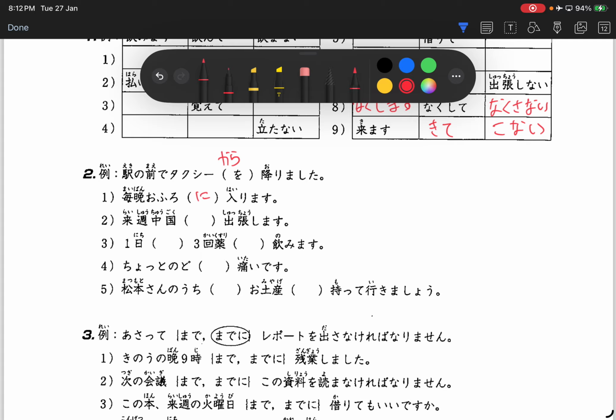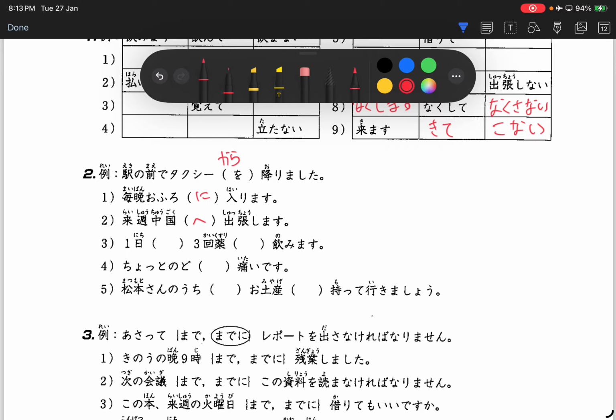No. Number 2, 来週中国へ出張します。That means I'm going to be sent to China. 出張 is a business trip.